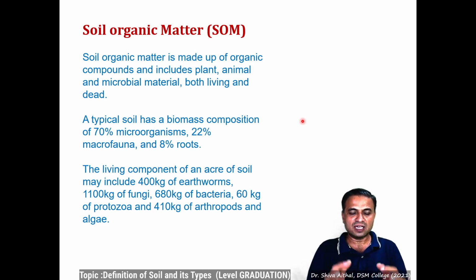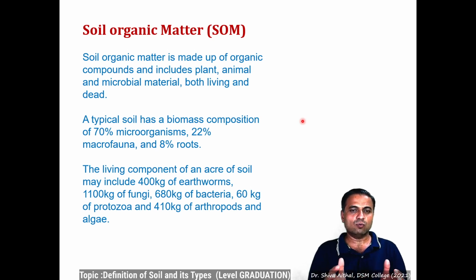Any soil which has a habitat of dead, living, decaying or growing microorganisms, plant material, zoological species, whatever supportive life form, that is called soil organic matter. A typical soil has a biomass composition of 70% microorganisms, 22% macrofauna, that is earthworms, nematodes, etc., and 8% roots. This is a typical soil organic matter composition.